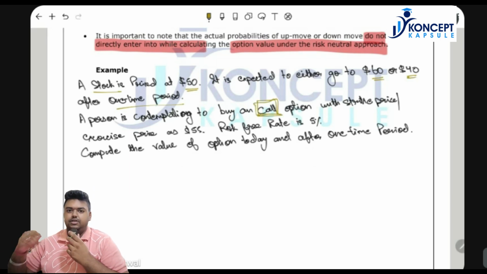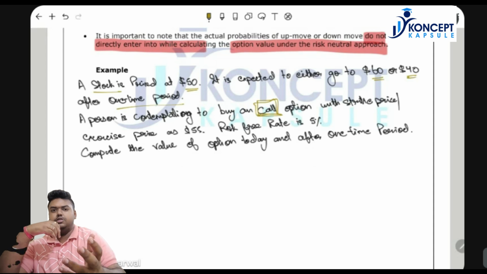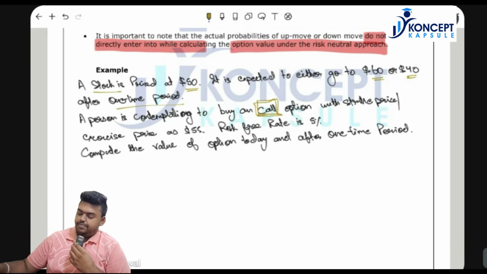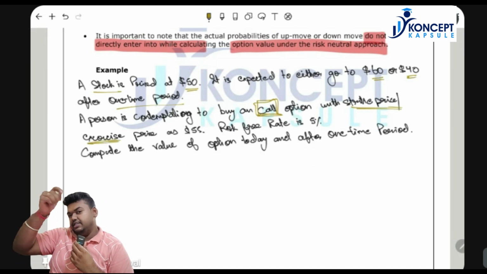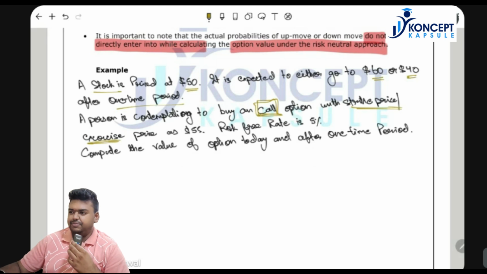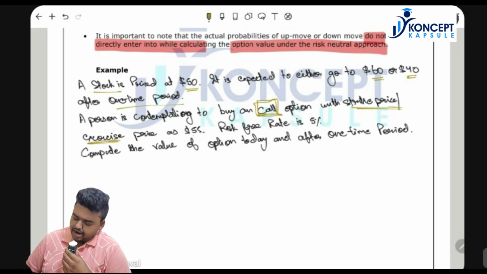What is a call option? A call option means we have the right to buy. What is a strike price or exercise price, guys? It is $10,000 as per our previous example. At 55, we have to compute the value of option today and after one time period.